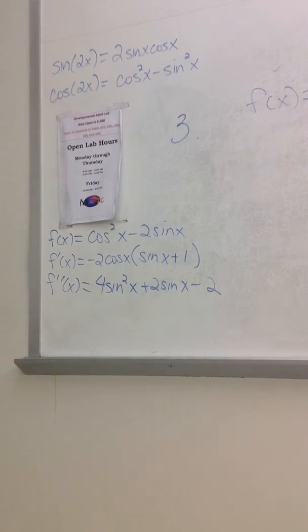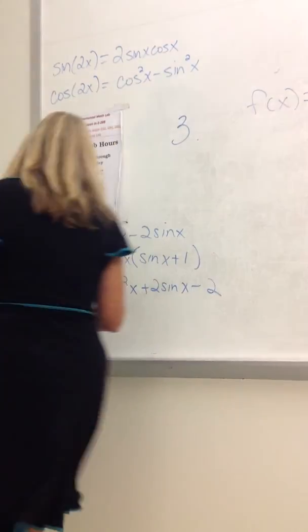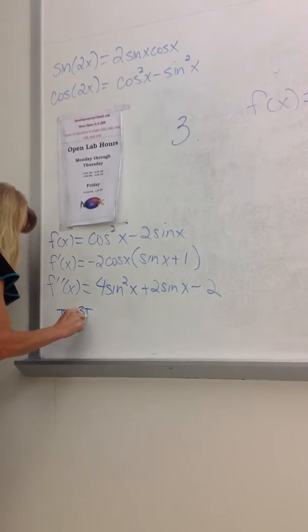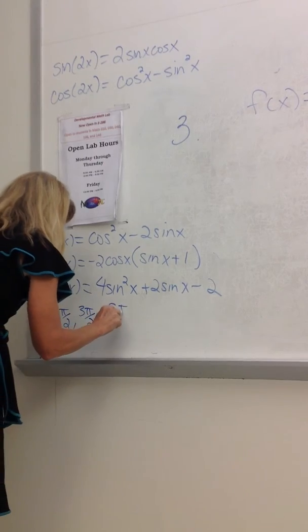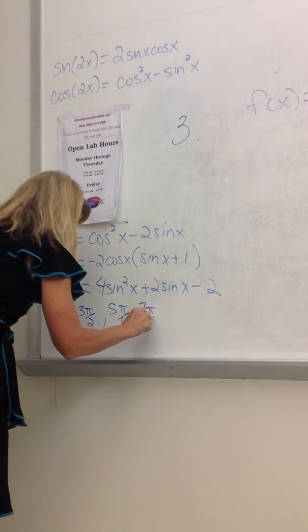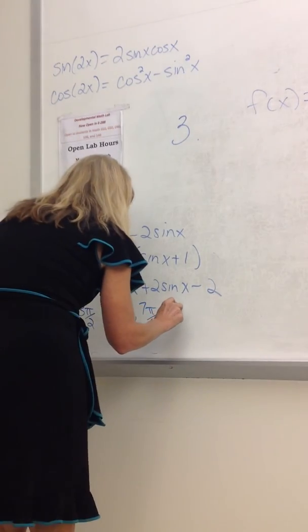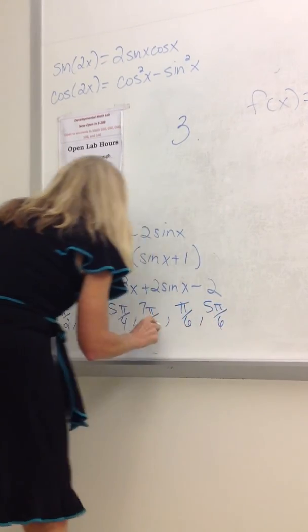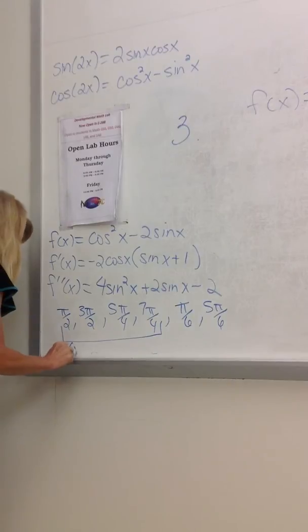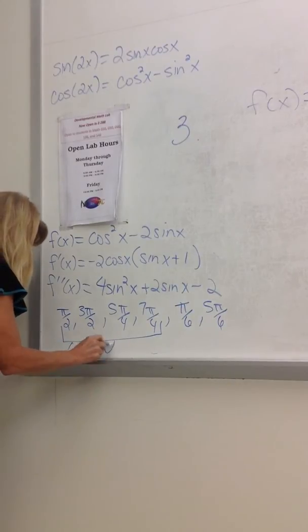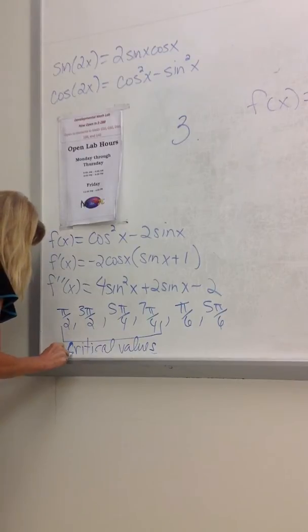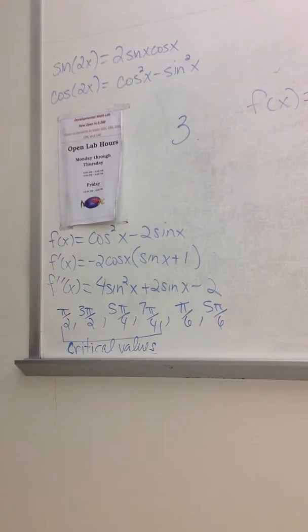We also want our critical values. Our critical values were pi over 2, 3 pi over 2, 5 pi over 4, 7 pi over 4, and pi over 6 and 5 pi over 6. Technically, these were the critical values because they made the first derivative 0, but our chart's also going to contain the other two.